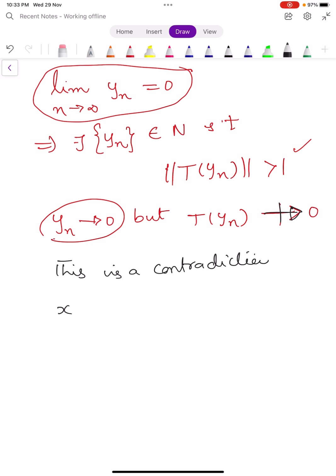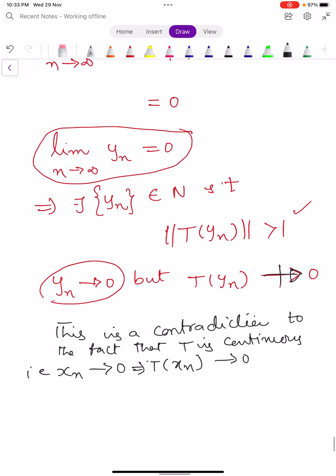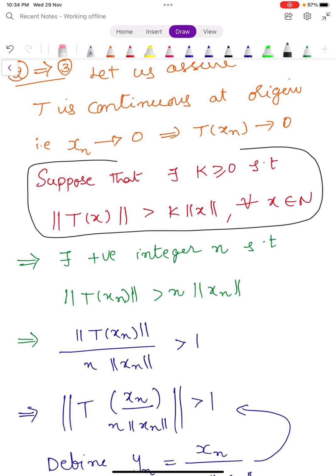Because already we know that whenever xn tends to 0 implies T of xn also tends to 0, because T is continuous at origin. This is a contradiction to the fact that T is continuous. So our assumption is wrong. What is our assumption? Suppose that there exists a constant k greater than or equal to 0 such that norm T of x is greater than k into norm x.